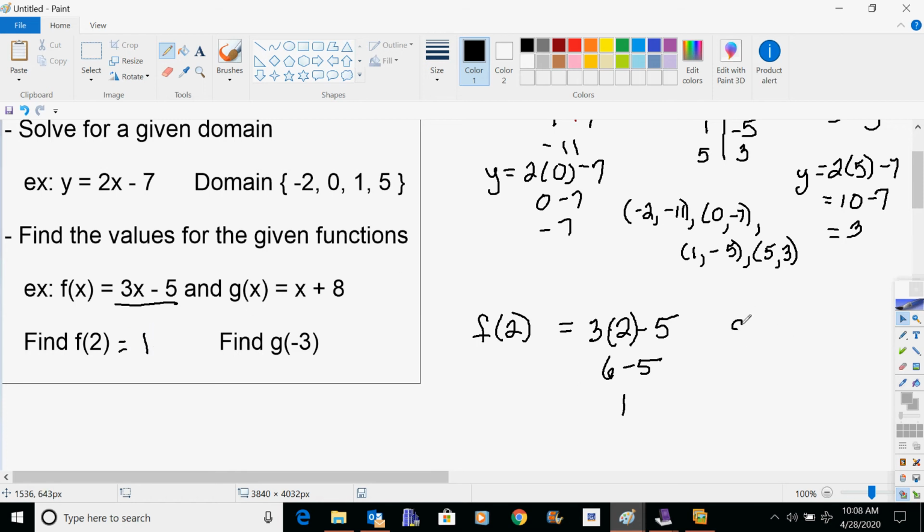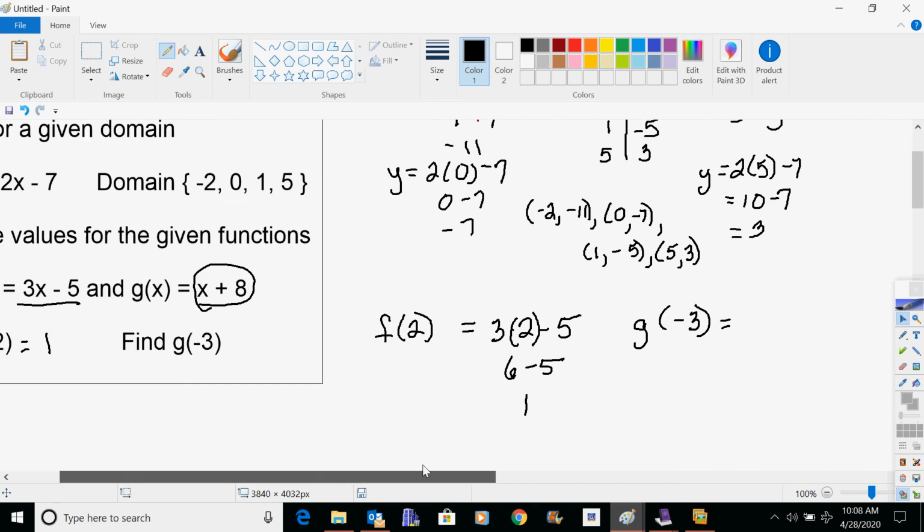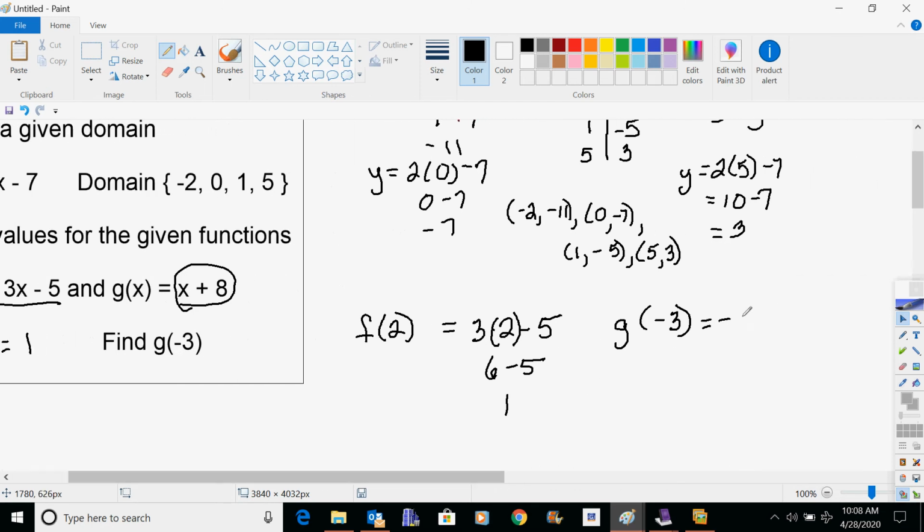And once again, this is review. So g of negative 3, you have to use the g function right here. So that would equal negative 3 plus 8, which would give you 5. So your answer to this question would be a 5. Okay? So you do all those things, find your answer, and you're done.